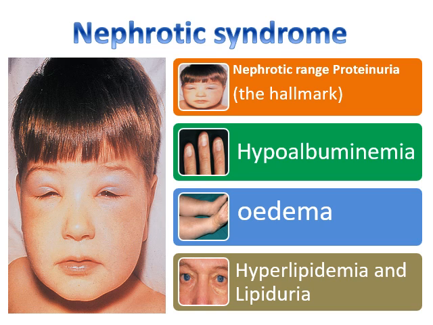And because albumin is the main drive for plasma oncotic pressure, when albumin is lost, when there is hypoalbuminemia, the plasma oncotic pressure will fall, and by this, the fluid escapes from inside the blood vessel to outside through osmosis, and the edema will develop due to accumulation of fluid in the interstitium, and there is accompanying hyperlipidemia and lipiduria due to a compensatory mechanism.